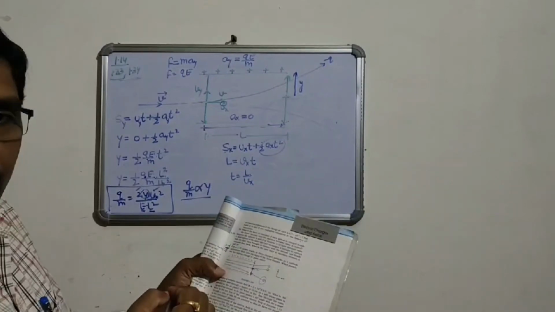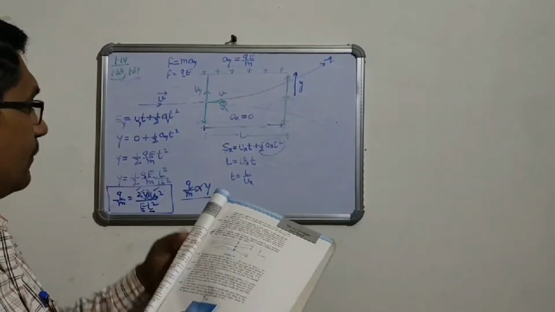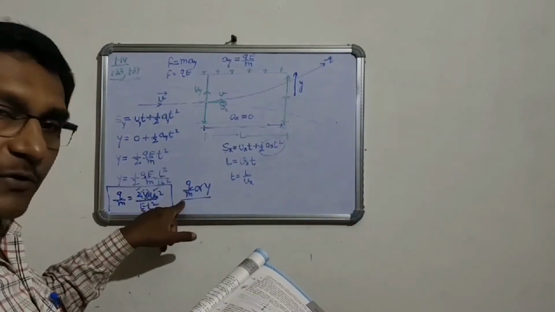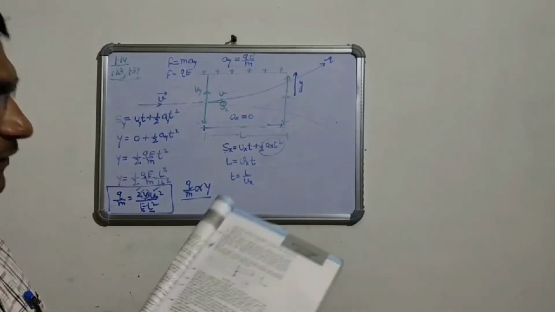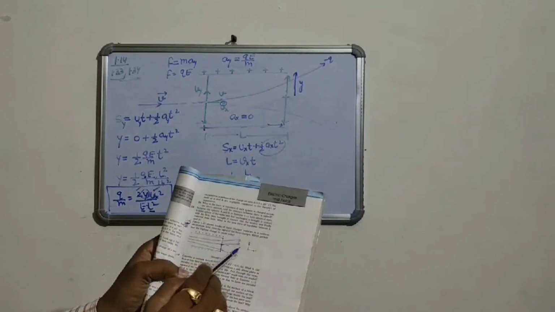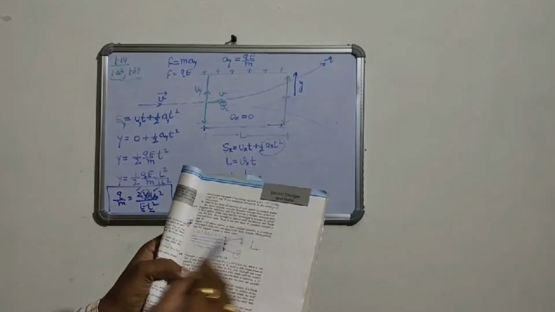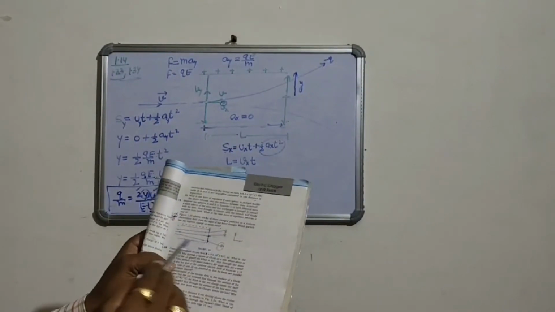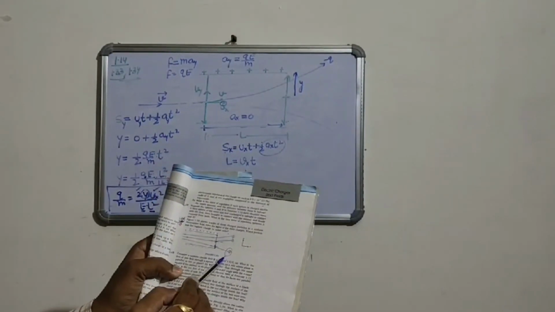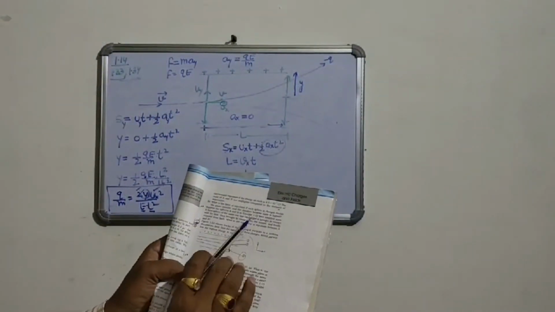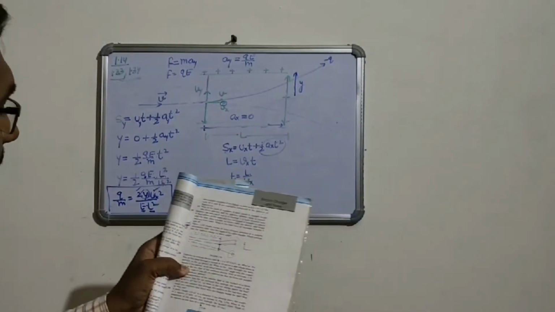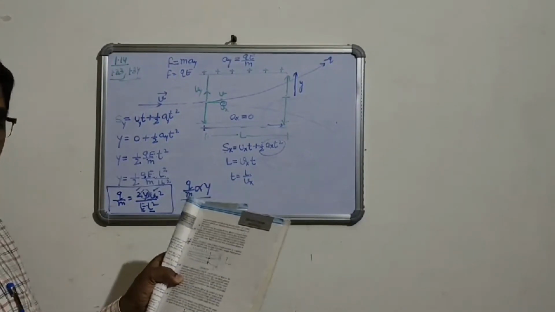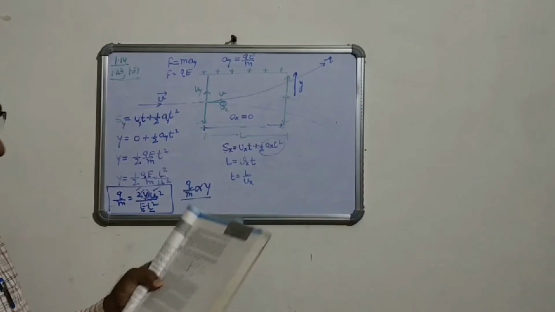So the third charge has more Q by M value, because y is directly proportional to Q by M. The nature of charges: 1 and 2 have negative charge because they are moving towards the positive plate, and the third charge is positive because it is moving towards the negative plate. And of them all, the third charge has maximum Q by M value because its displacement is maximum.